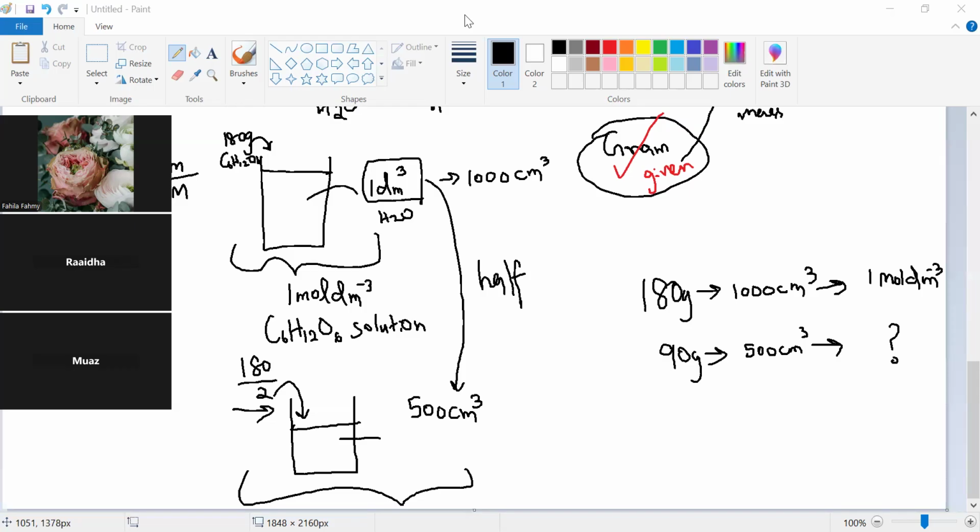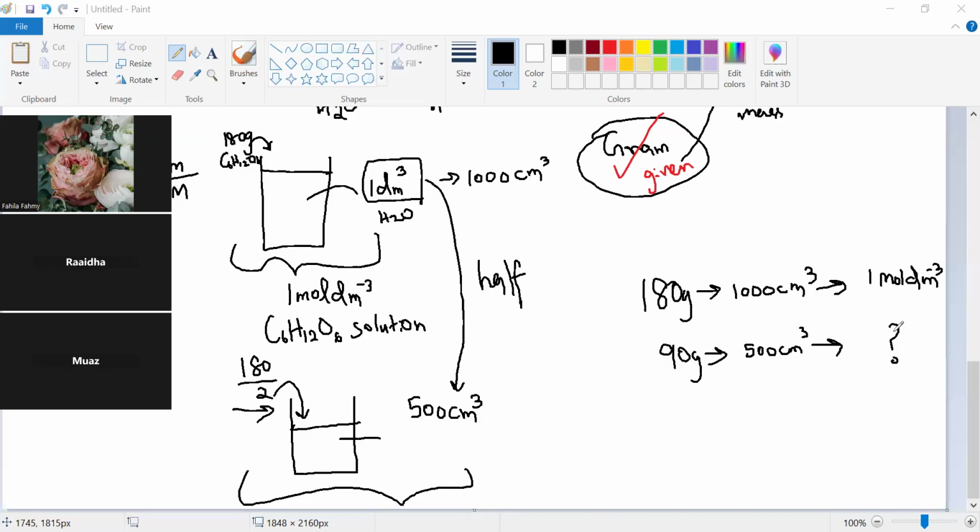So, I'll ask the question again. Listen to me very carefully. You have 180 grams dissolved in 1000 cubic centimeter, and you get a glucose solution of 1 mole per cubic decimeter concentration. Now I get 90 grams of glucose dissolved in 500 cubic centimeter of water.